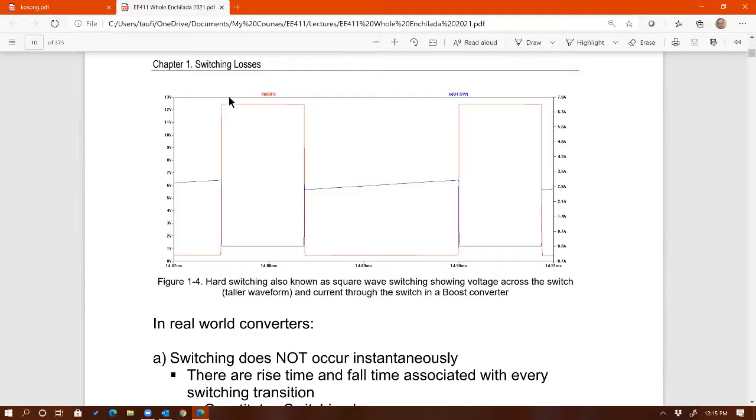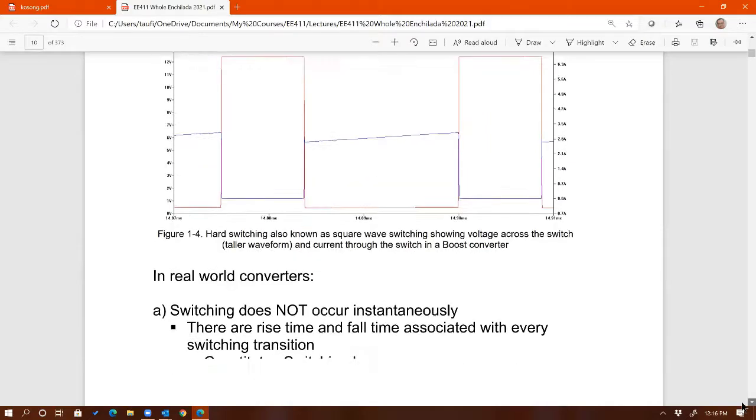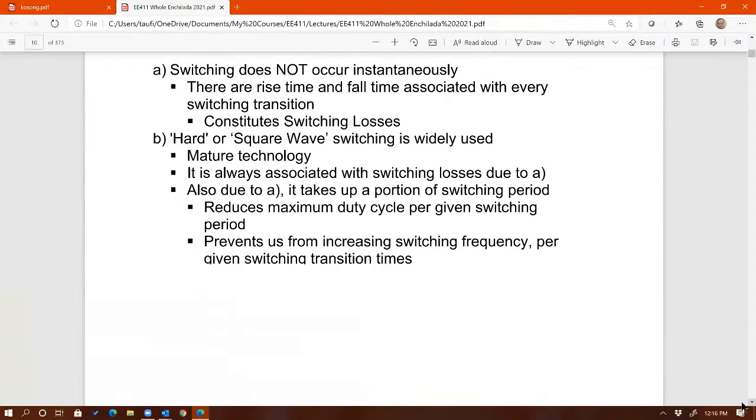But later on, we're going to zoom into these transitions, and you'll see that even though it is relatively fast, there are still overlapping waveforms between the voltage and current. Again, red here is voltage, as I mentioned last time. Blue is the current. So obviously from those, we know that this must be the turn-off transition, and this must be the turn-on transition.